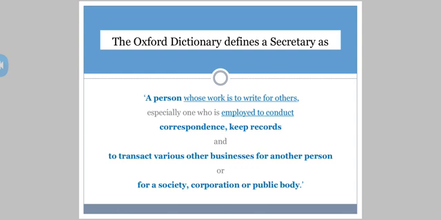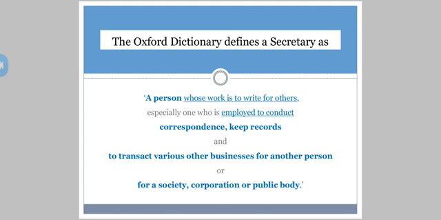A person whose work is to write for others, we have seen doing correspondence, especially one who is employed to conduct. Employed, what do you mean here by employed? Employed means you have chosen someone to do the job, someone who is on the job.